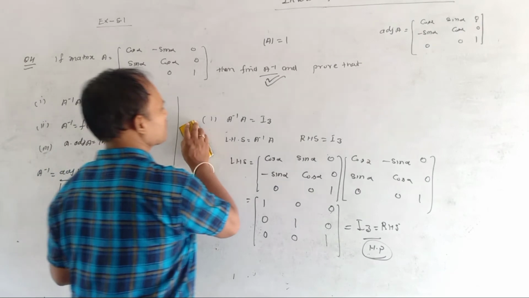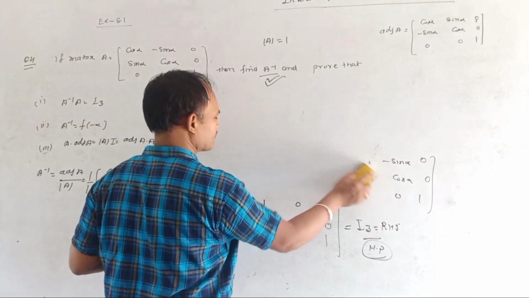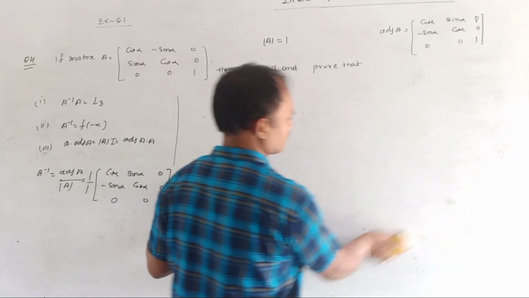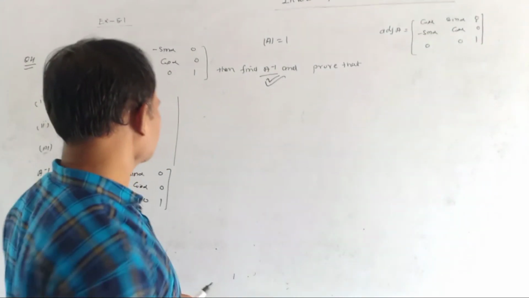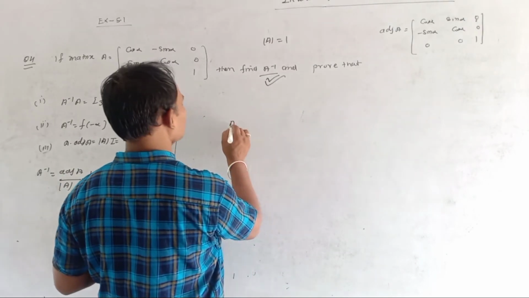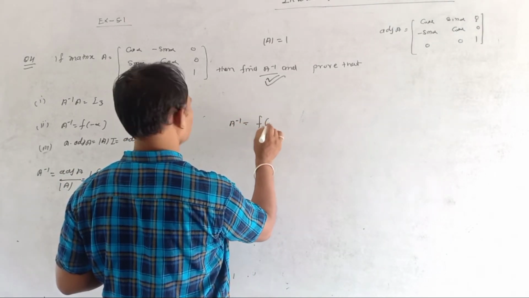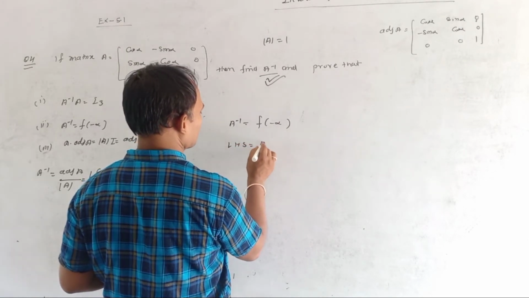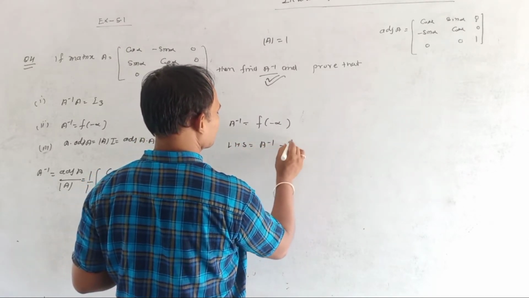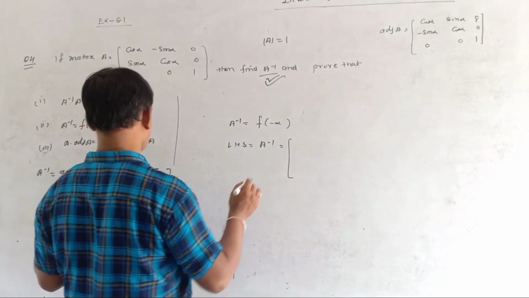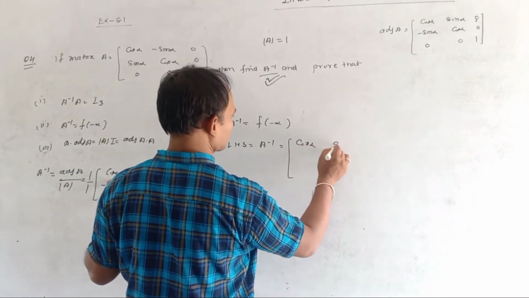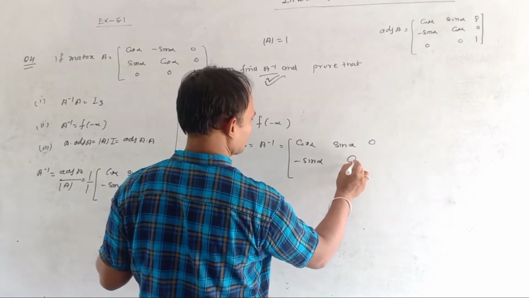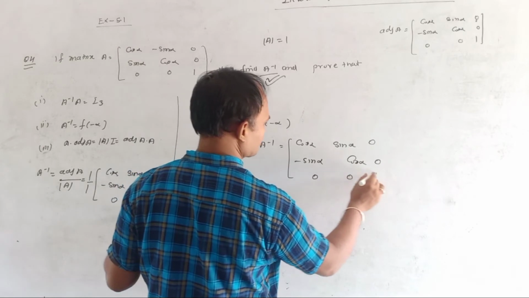Now we are on the second part of this question, that is A inverse equals f of minus alpha. So the LHS is A inverse, which is cos alpha, sin alpha, 0; minus sin alpha, cos alpha, 0; 0, 0, 1.